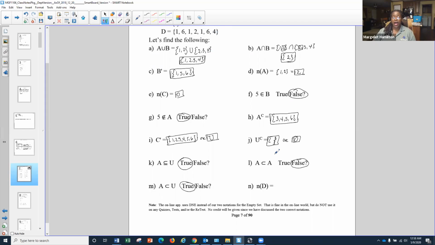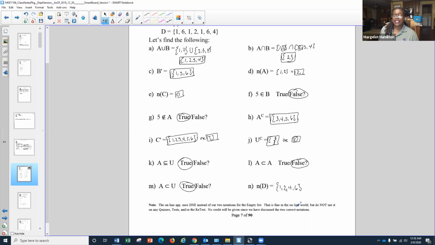Unique. So how many things? First things first, we got to clean up our set. So we need to write all of our unique elements only one time, so we could just clearly see what's happening. So I see I have a 1. And then what I have? I have a 2. I have a 4. And I have a 6.